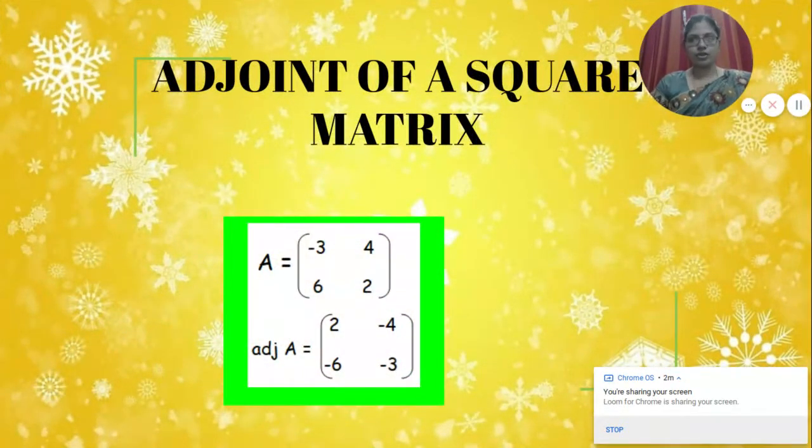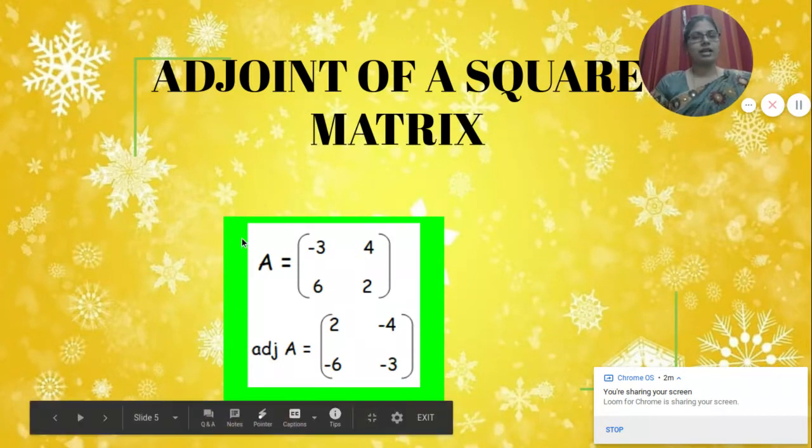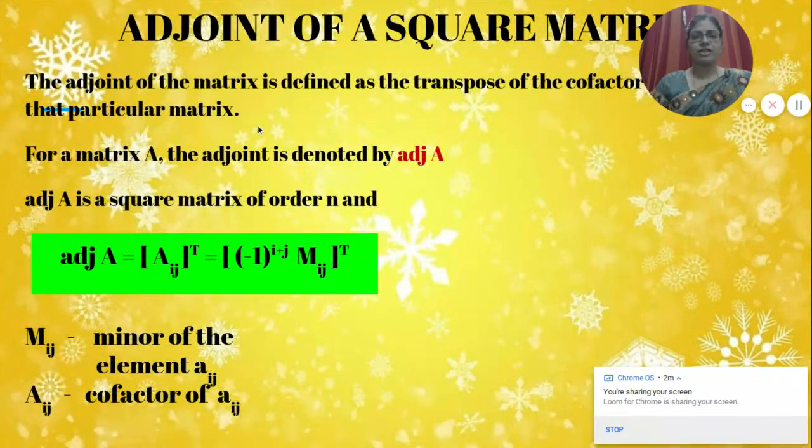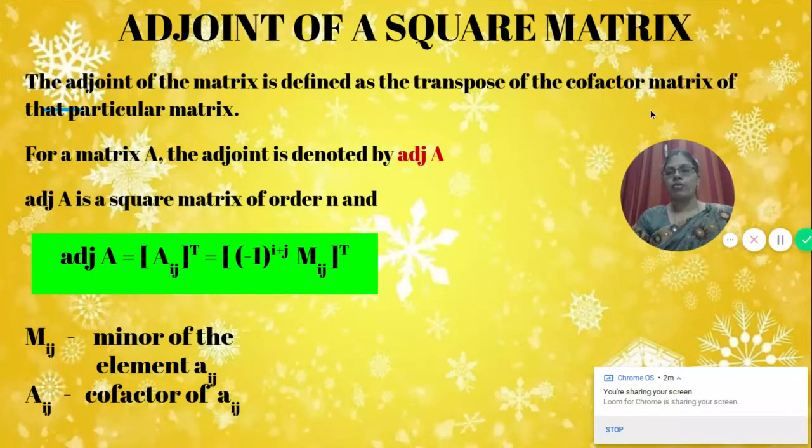Today we are going to see the topic adjoint of a square matrix. This is an example of the adjoint of a square matrix. The adjoint of a matrix is defined as the transpose of the cofactor matrix of that particular matrix.